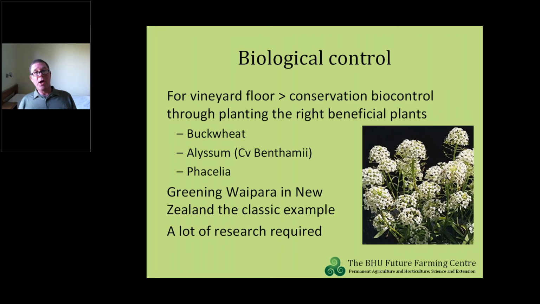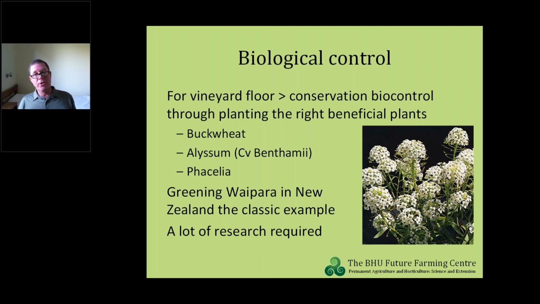And finishing up with biological control. My supervisor for my PhD, Professor Steve Ratton, developed this system for using buckwheat in vineyards to control leaf roller caterpillars. He's basically eliminated the leaf roller caterpillar problem from New Zealand vineyards. You may well have heard of him because he's been trotting around the world at various people's expense telling everybody about this system.